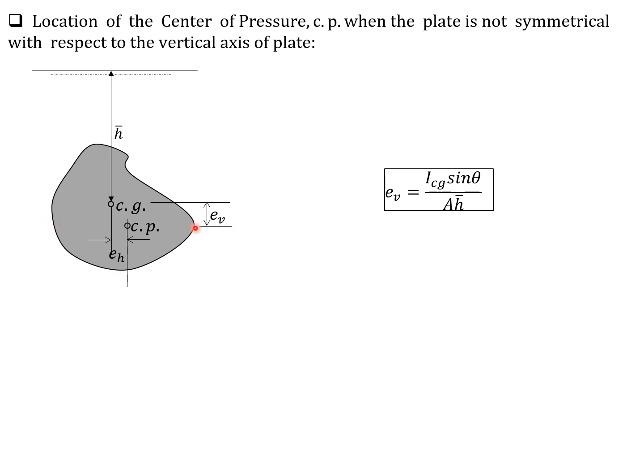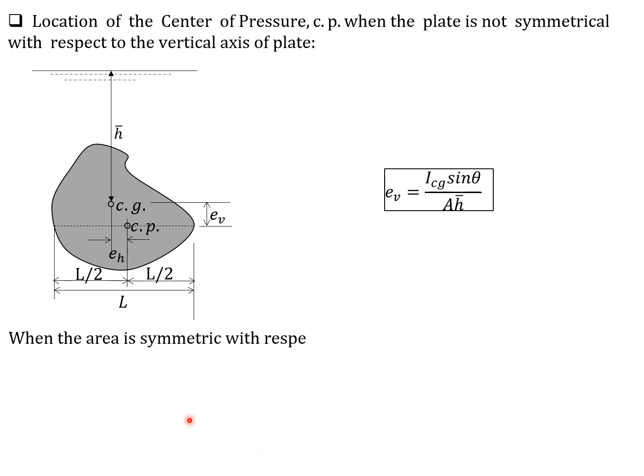Knowing that the pressure is constant, it means that the pressure distribution is rectangular. So if it is rectangular, it means that the center of pressure is half of the length of the line through the center of pressure. So that is, if the length is L, then the center of pressure is L over 2 from the left or L over 2 from the right. So that's it.